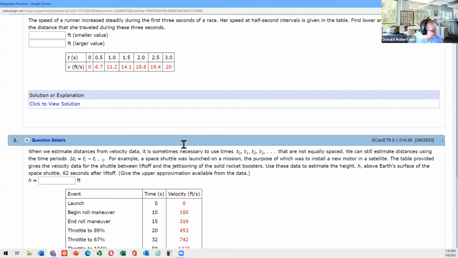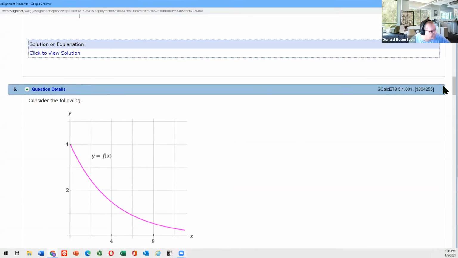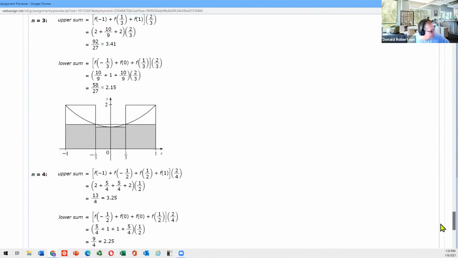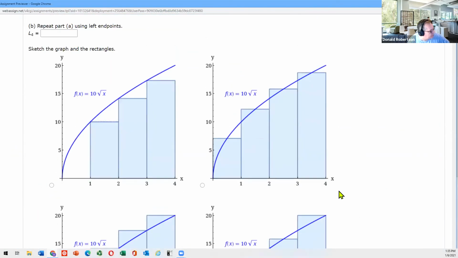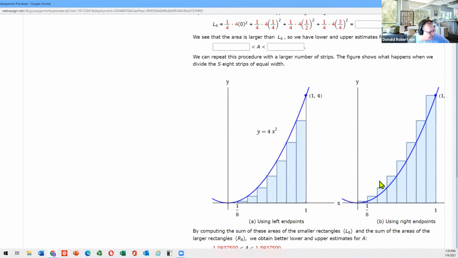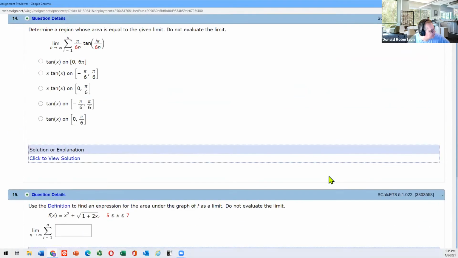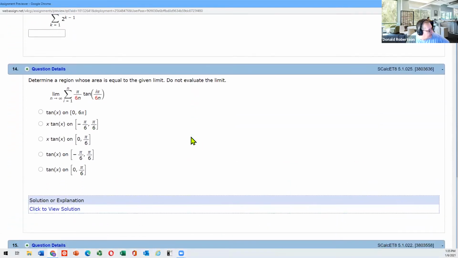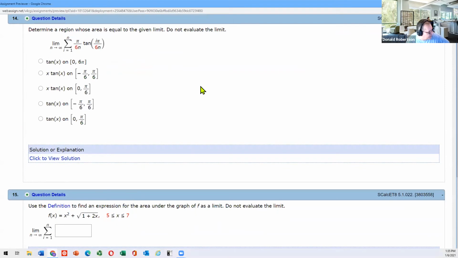There's a whole bunch of questions towards the end, which I'm scrolling by relatively quickly for the time being, so we can get to here. Remember we did the sigma? Hopefully we did the sigma. You remember we did that? Right. So we've kind of covered 11, 12, and 13. And then the last few questions involve this stuff. And that's kind of where I'm going to work on now.